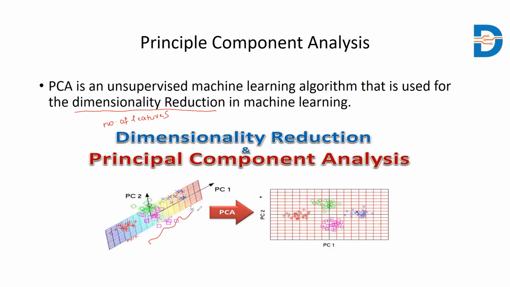After applying principal component analysis, my dimensions are in 2D, and I have these 4 features. Each input will be represented with PC1, that means principal component 1, and so on. So your dimension will be reduced in principal component analysis. It is a dimensionality reduction technique.